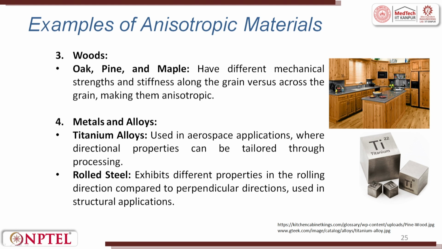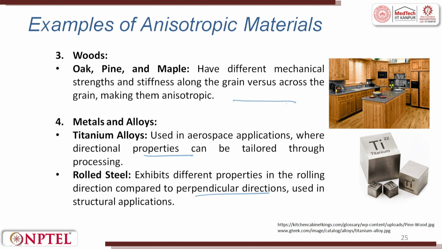Then there are metals and alloys, like titanium alloy and rolled steel. Titanium alloy is used in aerospace applications, wherein the directional properties can be tailor made along the process. For example, a flat steel sheet is rolled between rollers. It exhibits different properties in the rolling direction compared to the perpendicular direction, used in structural applications.